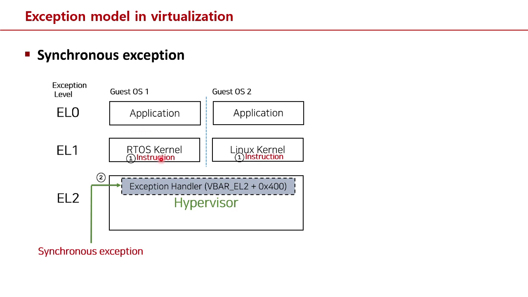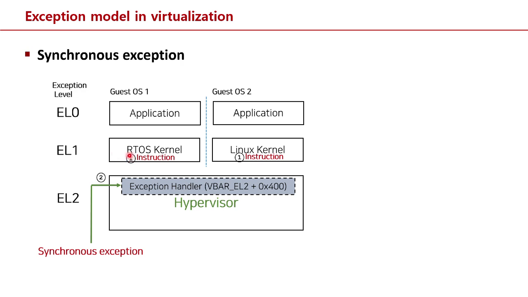Let's assume that the exception occurs when the software is running at exception level 1. Some of the situations include access to an invalid address, or sometimes the core cannot decode the specific assembly instruction.